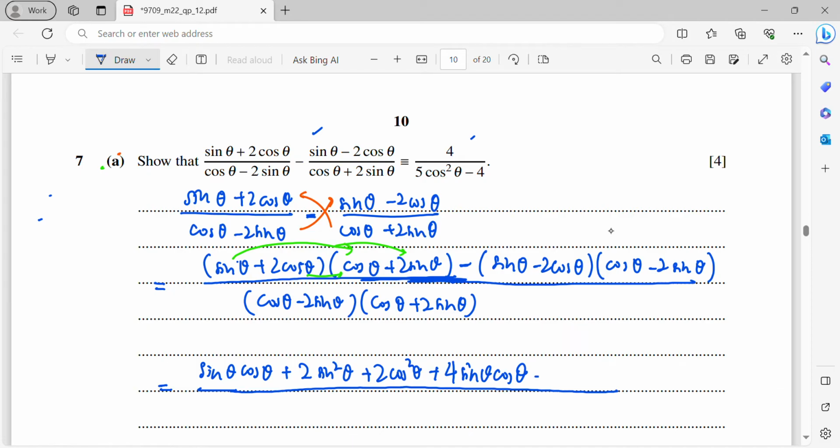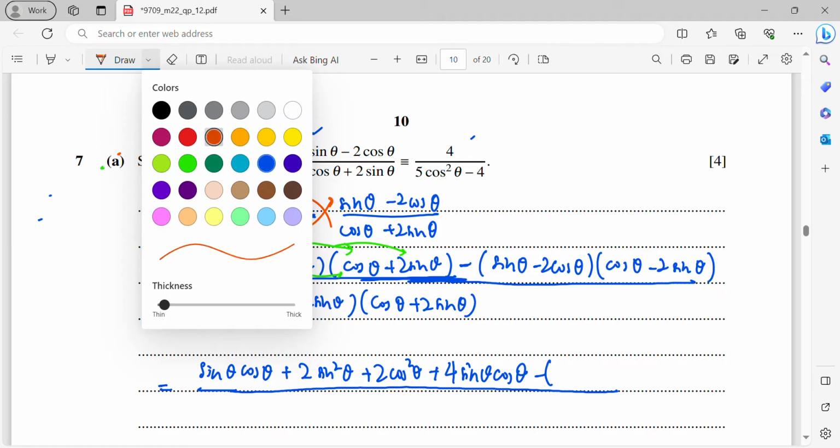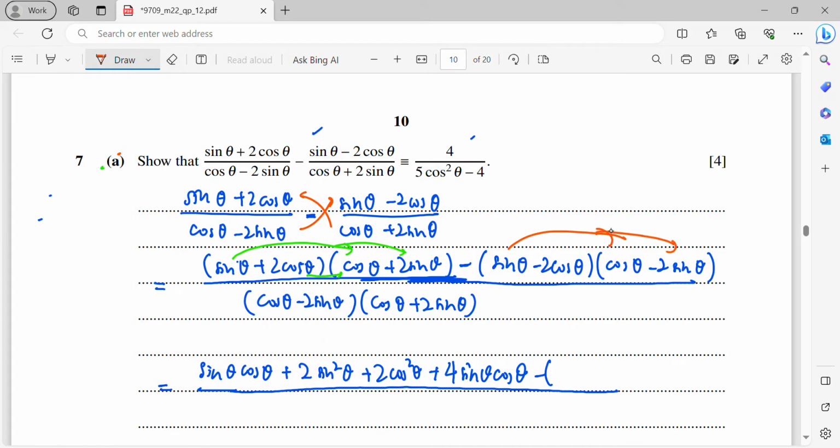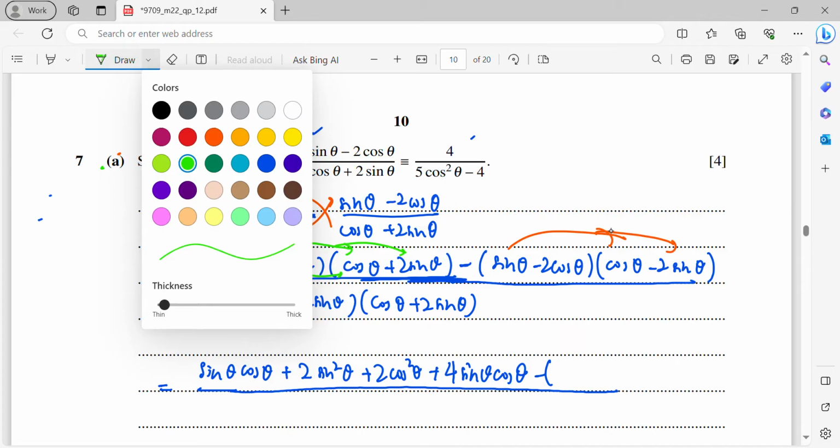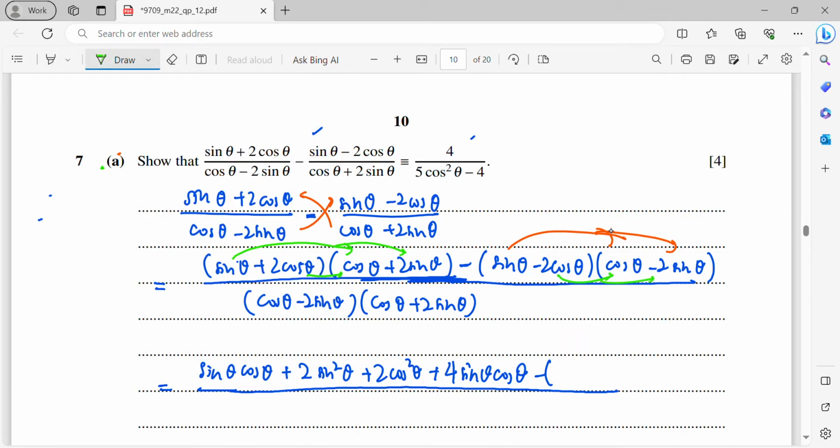Okay, and same goes to the next expansion. Just do expansion here. After that, the negative 2 cos multiply. Right, so cos theta times sine theta times cos theta, I will get sine theta cos theta. Then the sine times minus 2 sine, it will be negative 2 sine squared theta. And negative 2 cos times cos, it will be negative 2 cos squared theta. And lastly, minus 2 cos times minus 2 sine, it will be plus 4 sine theta cos theta.